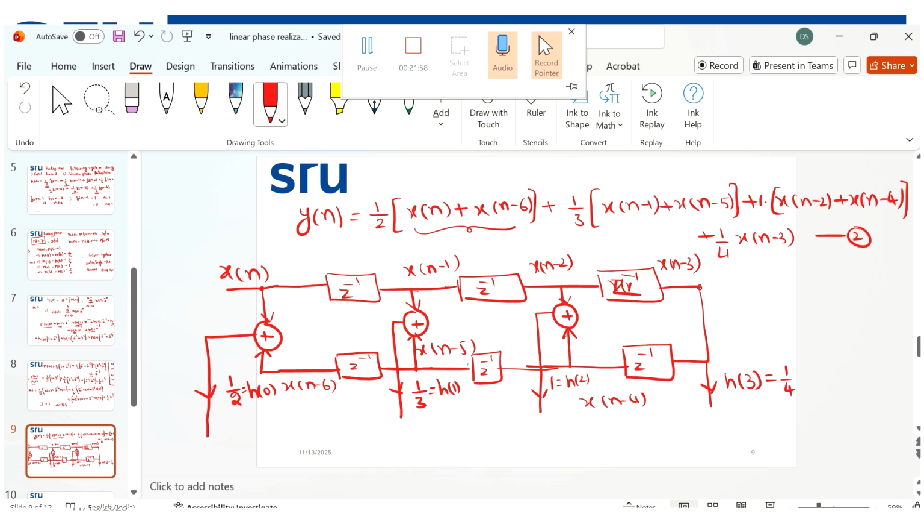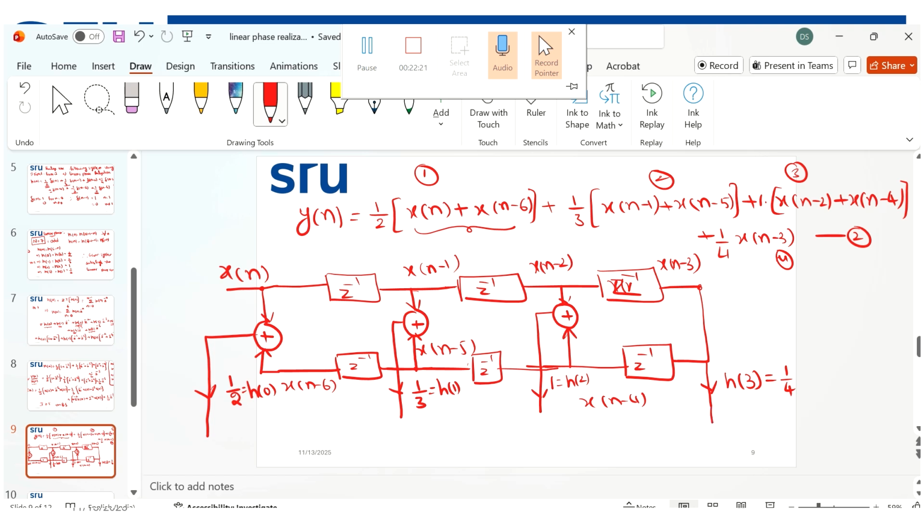Now tell me how all these terms are connected. This is term 1, 2, 3 and 4. So we have generated 1 by 2 into the first term, 1 by 3 into the second term, 1 into the third term and the fourth term. All these are again connected by adders.